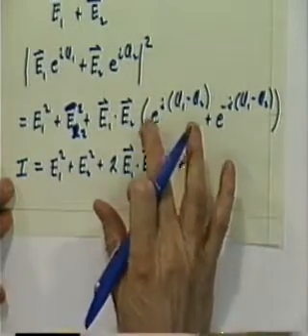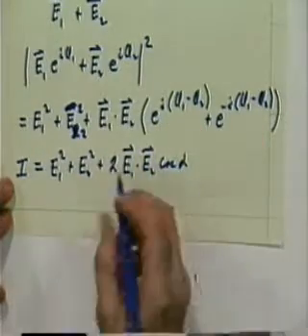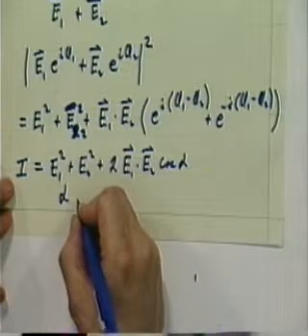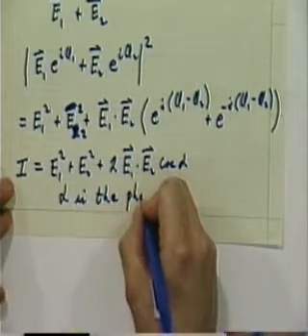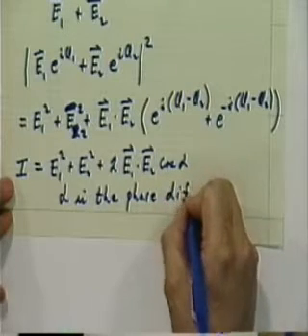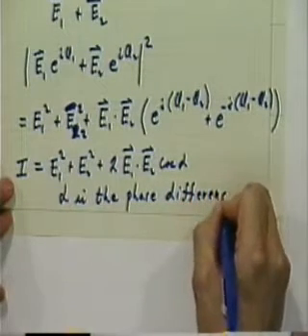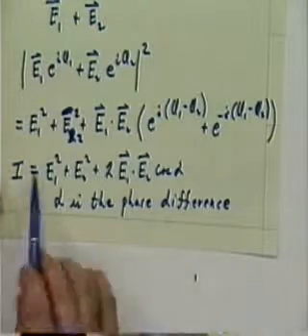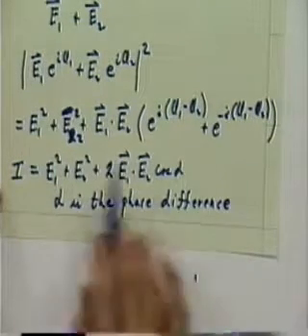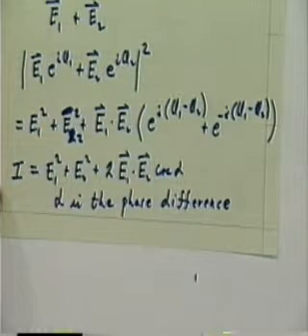This simply becomes twice the cosine here. Cosine of alpha, where alpha is the phase difference. Whatever the phase difference is, this is the expression that we would get.